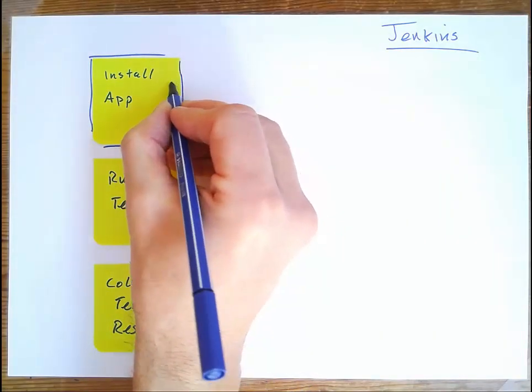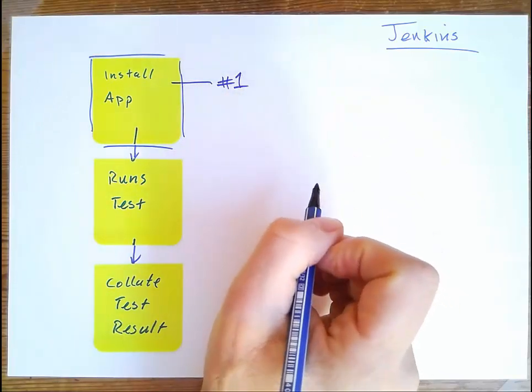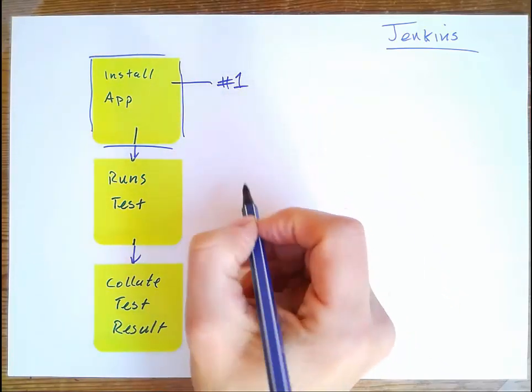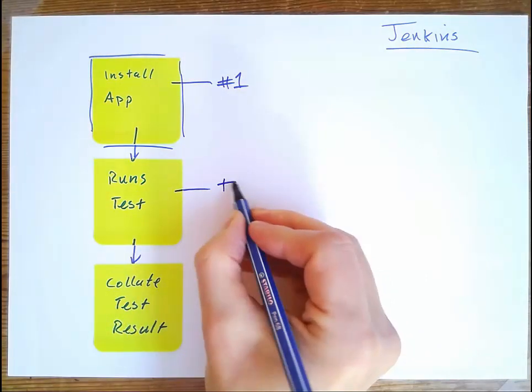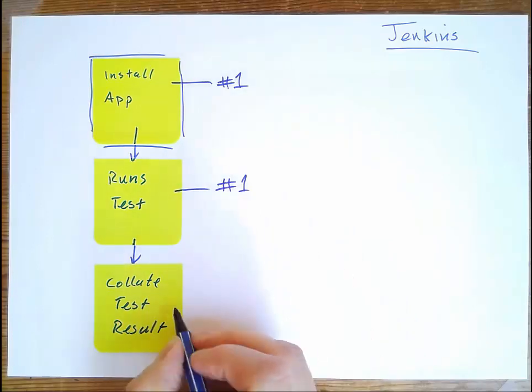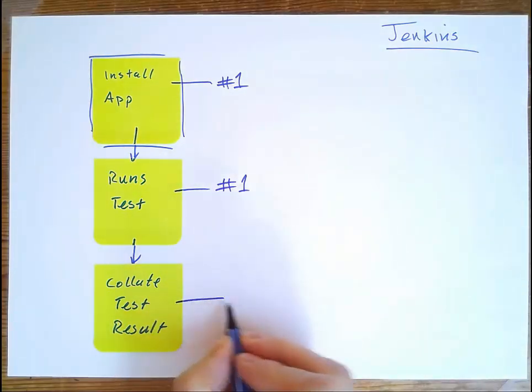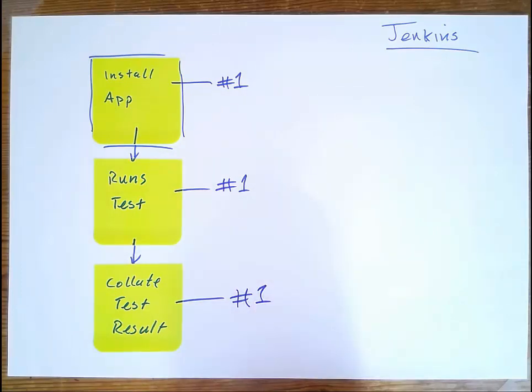So we run this the first time, and we might get build or run 1 of the app install. And when that completes, it runs the tests, and we get build 1 or run of the tests. And that might trigger the collation of the test results, and that gives us build 1 of the collation of the test results.